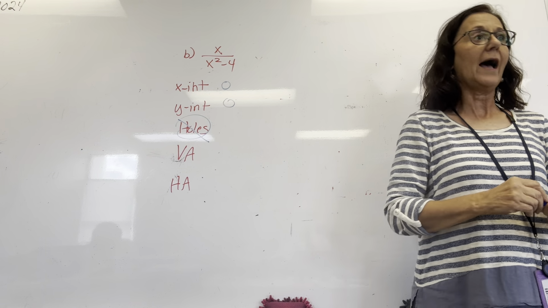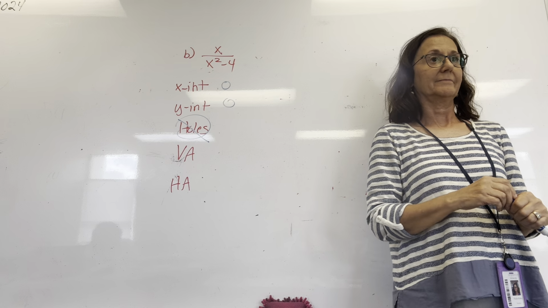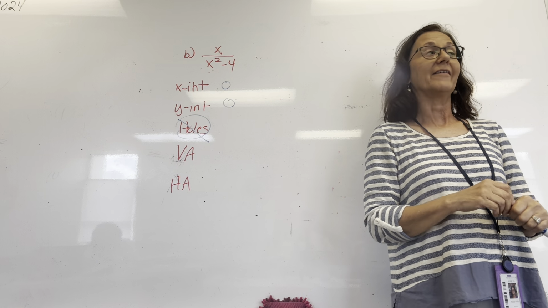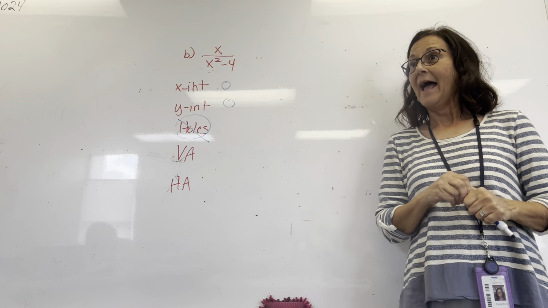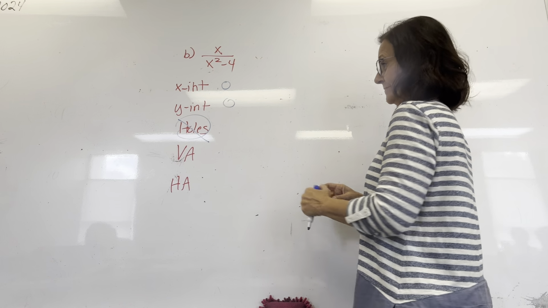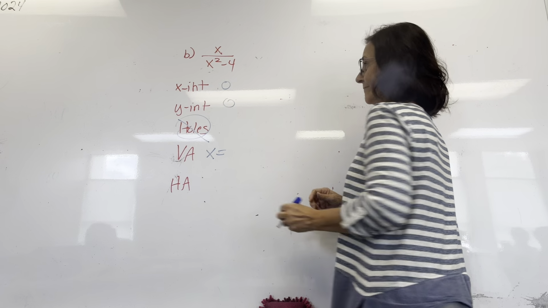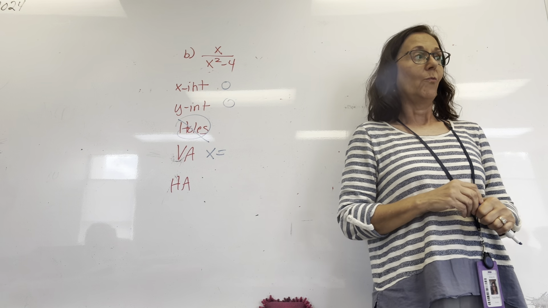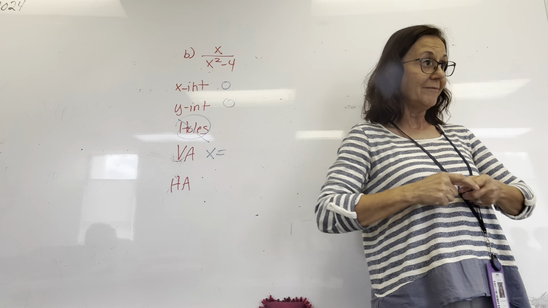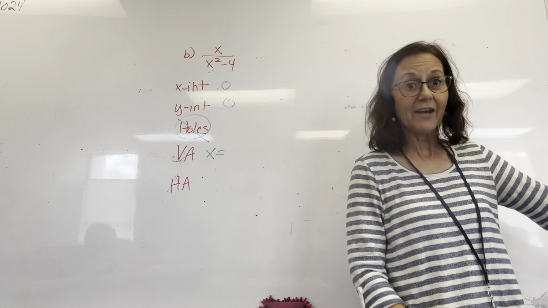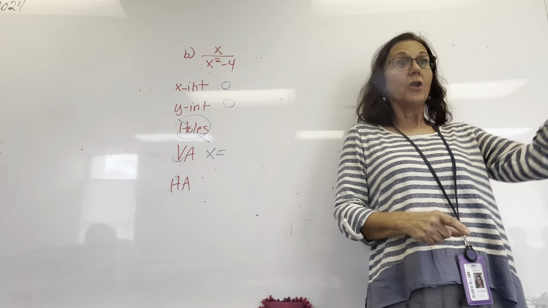Are there vertical asymptotes? Yes. How many? How do you tell how many there are? Well, what is by definition a vertical asymptote? Zeros of the denominator that are not zeros of the numerator.